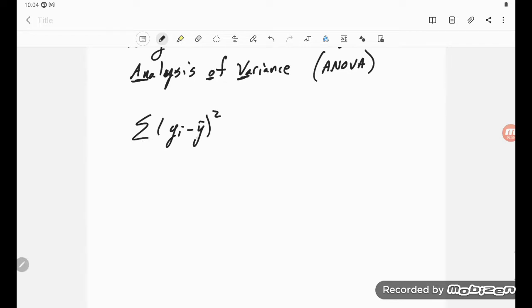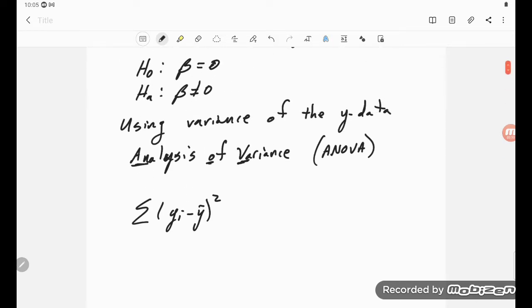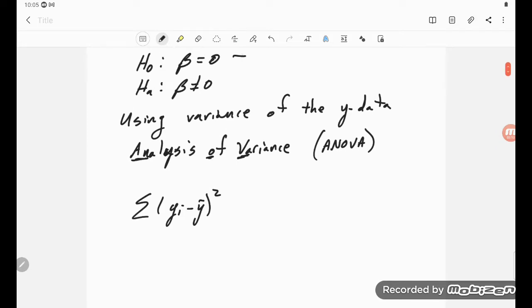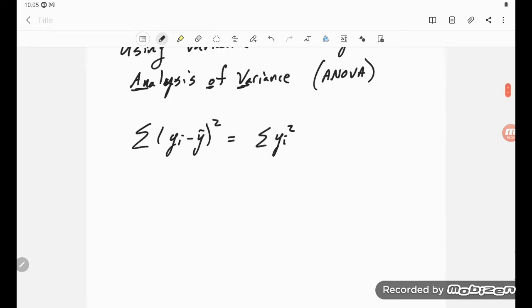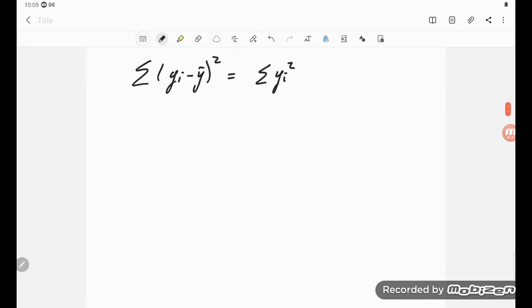Now y bar here, if beta equals 0, then under that null hypothesis, this is just the sum of the yi squared.